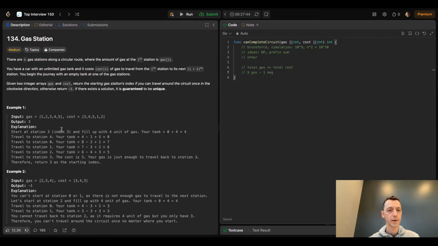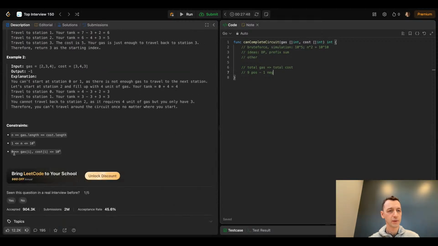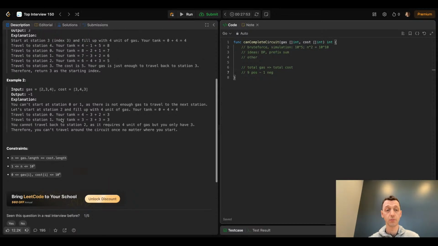And by the way, the gas could be 0 also. The cost also could be 0.